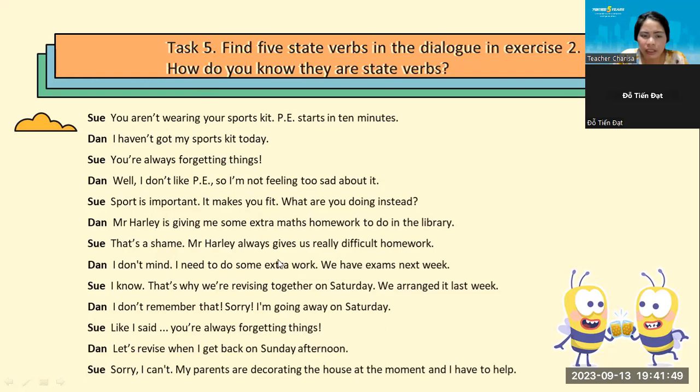That's a shame. Mr. Harley always gives us really difficult homework. I don't mind. I need to do some extra work. We have an exam next week. I know, that's why we're revising together on Saturday. We arranged it last week.